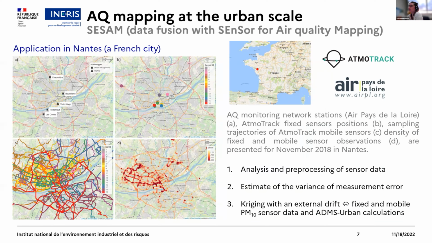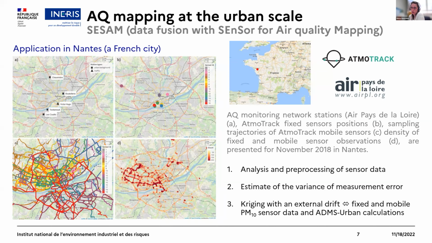The fixed sensors are from Atmotrack, which provided the fixed sensor and the mobile sensor observations of PM10 concentration. You have the trajectory of the mobile sensors on the bottom left.